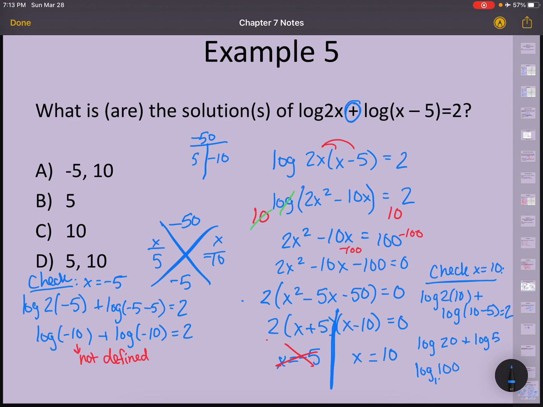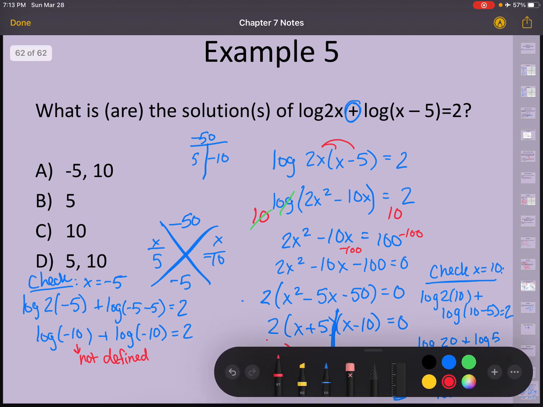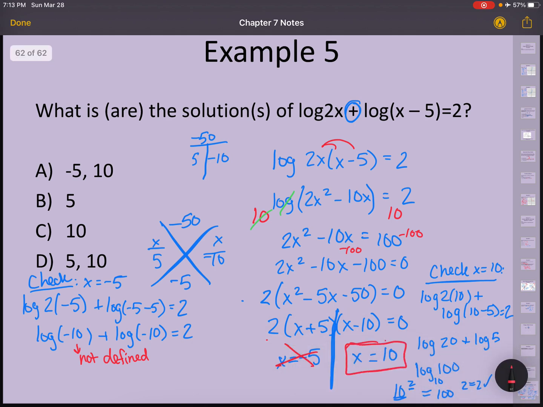So I have a log base 10, because that's the base for the common logarithm. So what exponent for 10 is 100? Well, that is 2, and 2 does equal 2. So our true answer is x equals 10, and that is letter choice C.